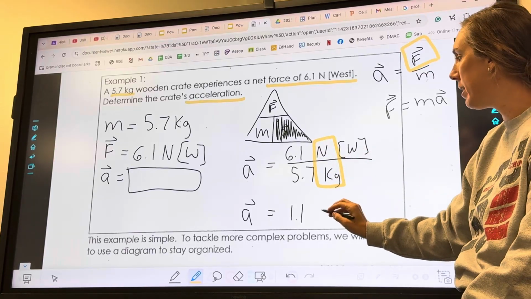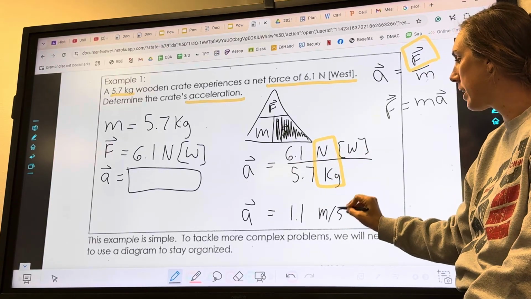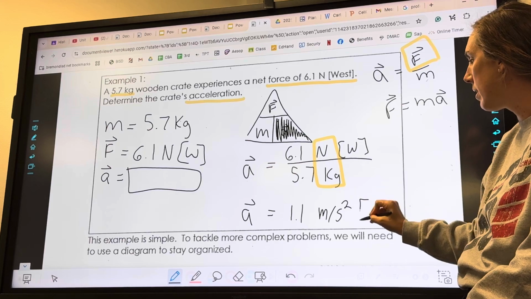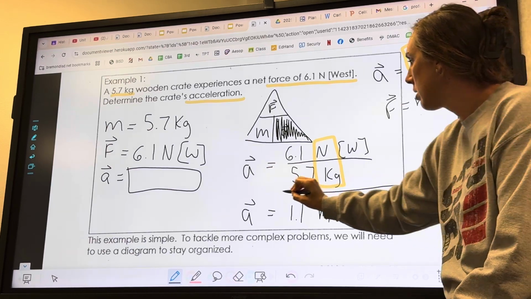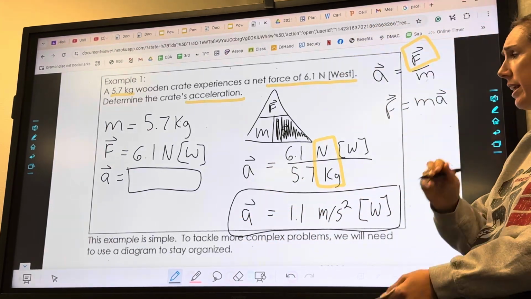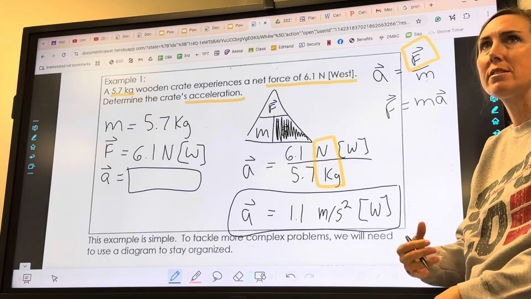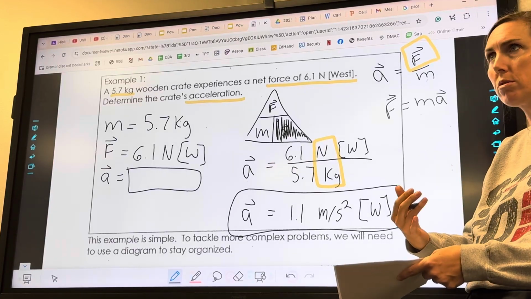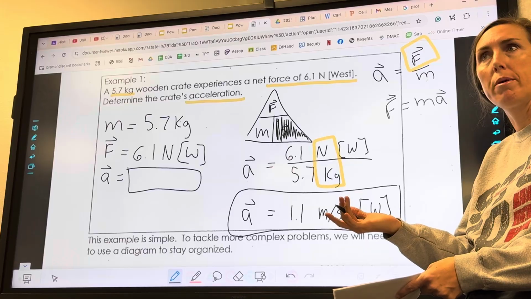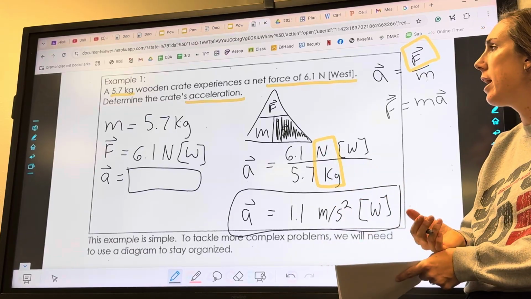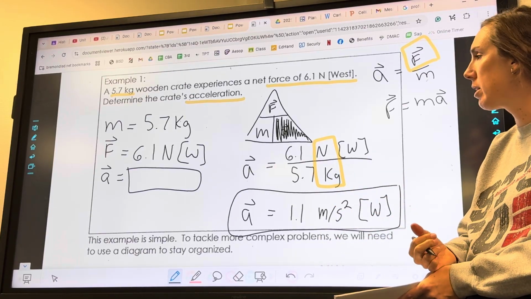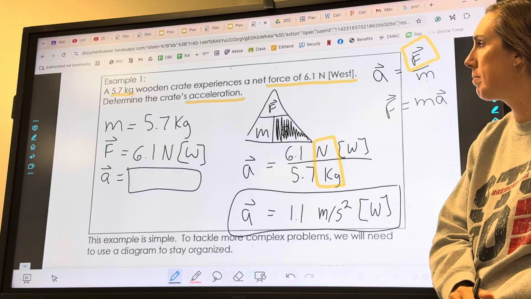Newtons per kilogram is meters per second squared. Then we carry down the direction west. So, if you memorize, okay, mass is in kilograms, force, Newton's 3 laws of motion is in newtons, and acceleration is meters per second squared, that's the units for all of them.